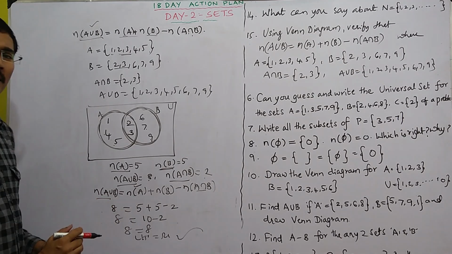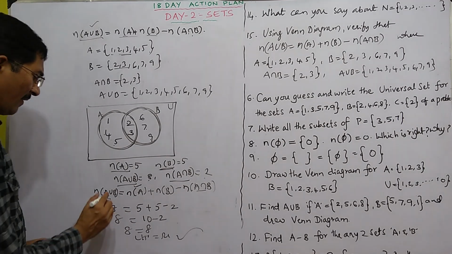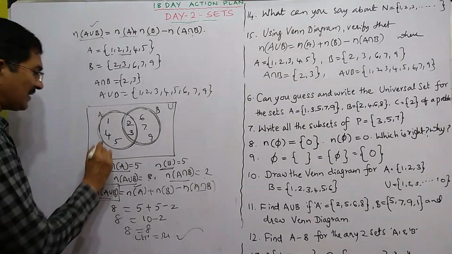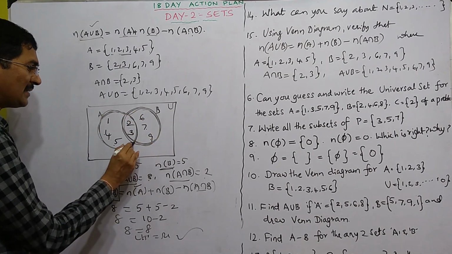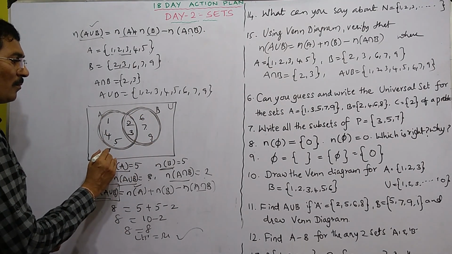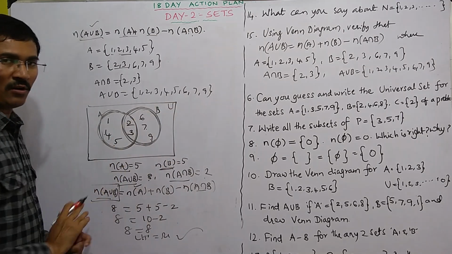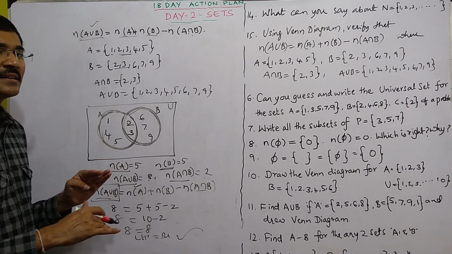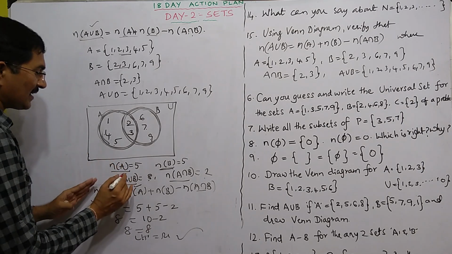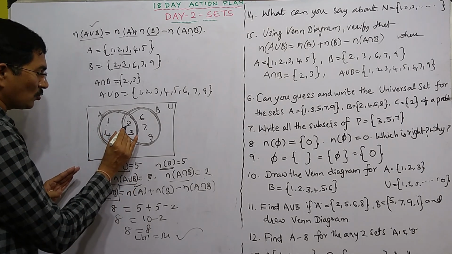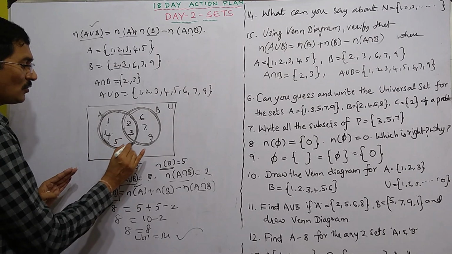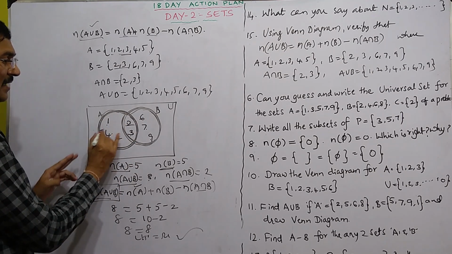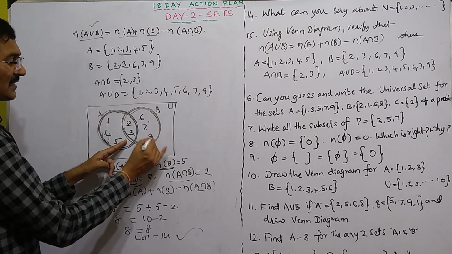So let us see how this formula comes and works. Because this is a Venn diagram, you can count all the elements: 1, 2, 3, 4, 5, 6, 7, 8. But if you take it set-wise, in set A we have 1, 2, 3, 4 and 5. In B we have 2, 3, 6, 7, 9.